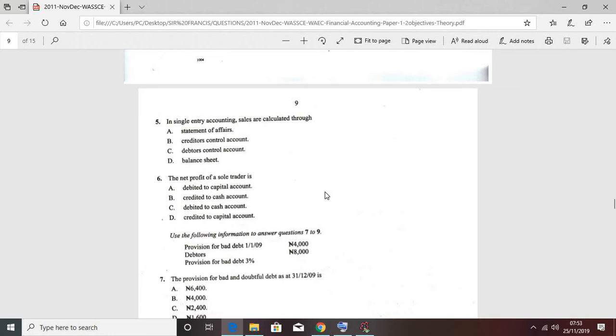So that's why we are adding the profit to his capital to indicate that his investment has yielded a positive figure. So profit made for a sole trader in a particular period should be added to the capital account. The capital account contains the interest of the owner of the business.